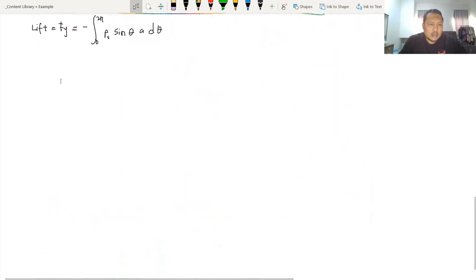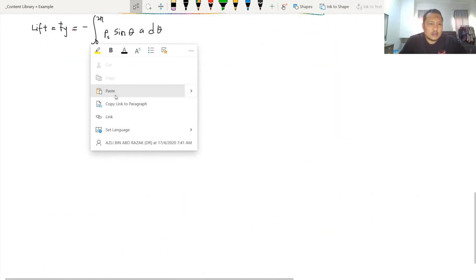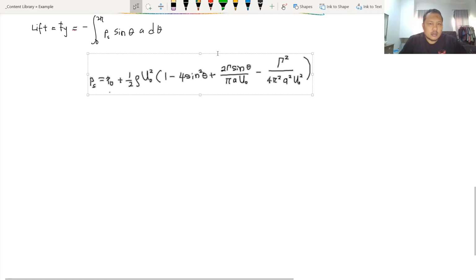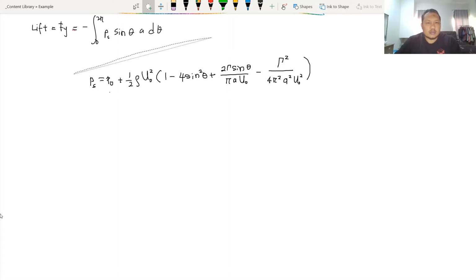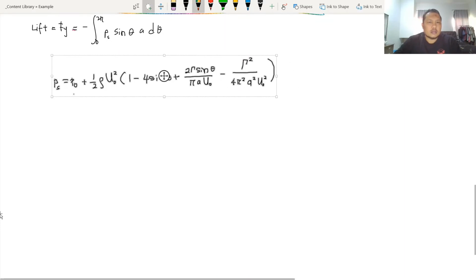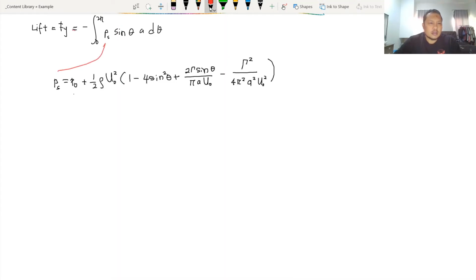Right, here we use the similar equations. The ps that we're going to use is similar to what we used in the drag. So again, we're going to substitute this ps here. We put the equation for the ps here, and then we can get this.